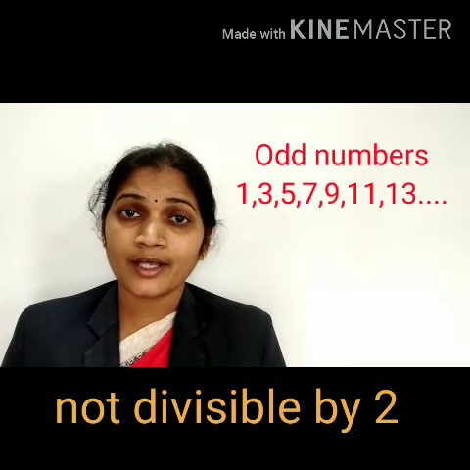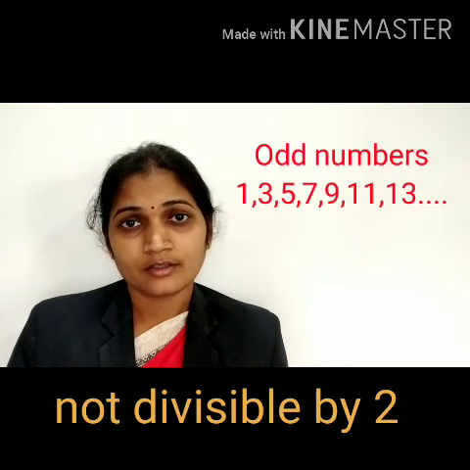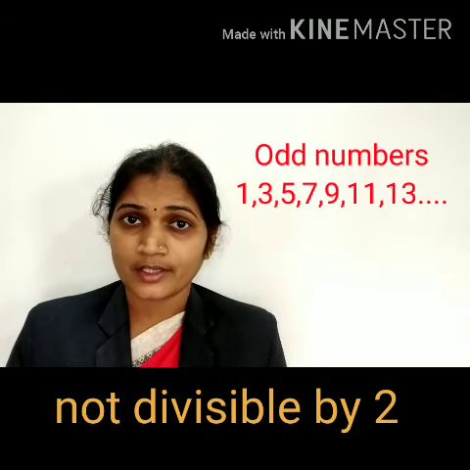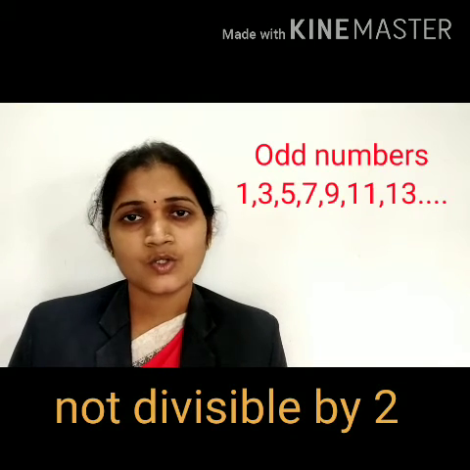Then what are odd numbers? Numbers which are not divisible by 2 are called odd numbers, like 1, 3, 5, 7, 9, 11, 13 and so on.